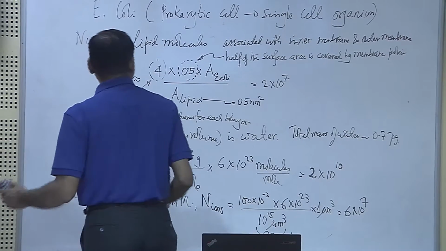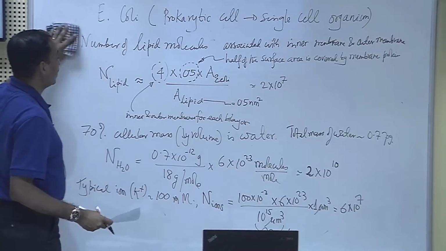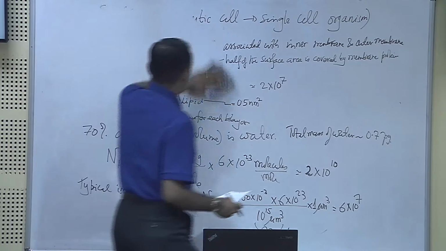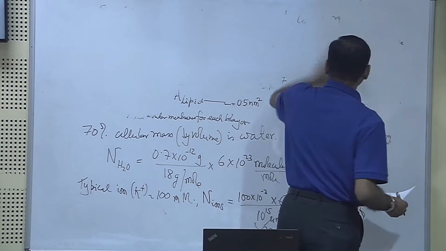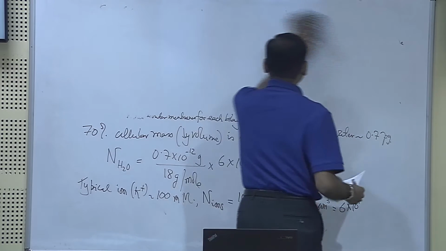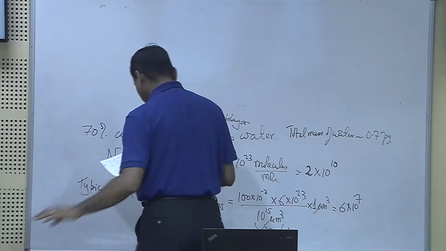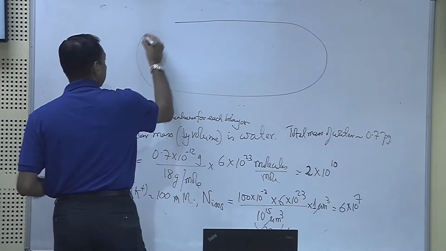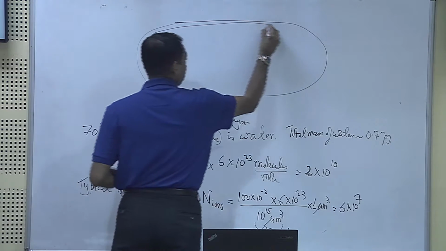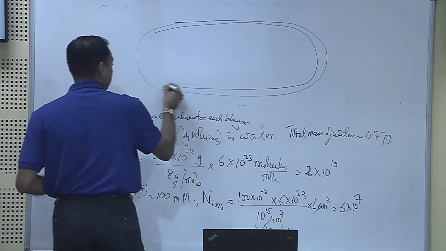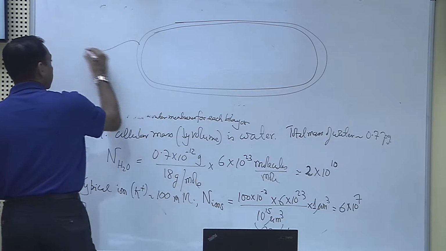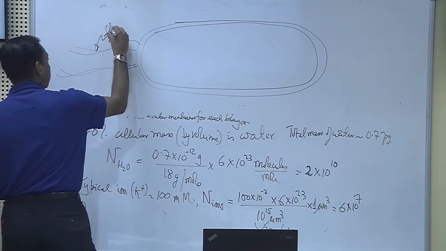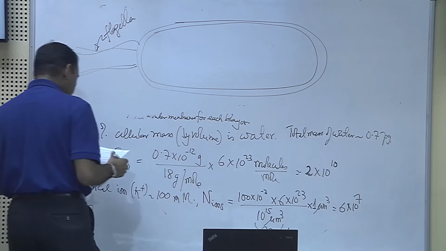So we can actually draw how an E. coli cell will look like. If I draw the E. coli cell, typically at the front they will have these flagella, which help it to move or swim.